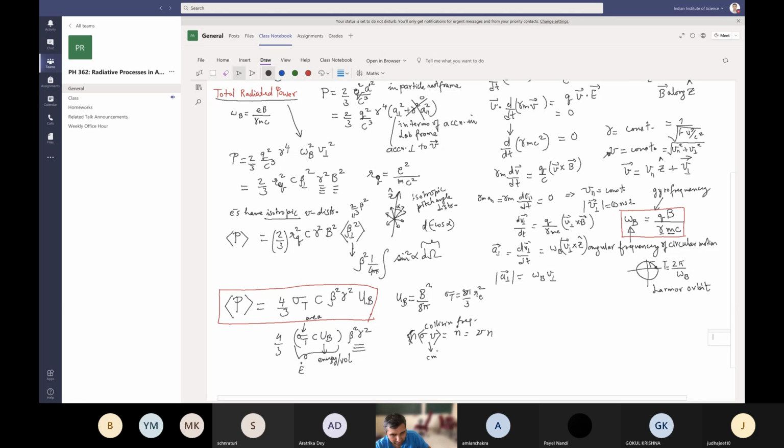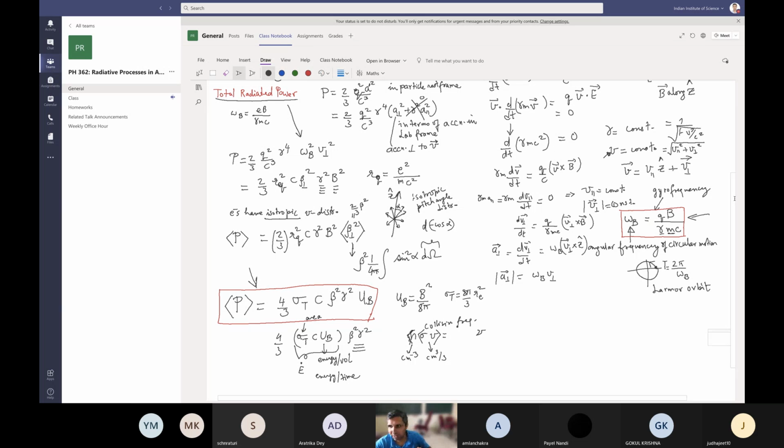This is centimeter cubed per second, this is per centimeter cubed. This is the collision frequency, the number of collisions per unit time. So this is energy per unit time. So this has a nice interpretation like this. Okay, so this is actually very important. It's useful to even commit these to memory.